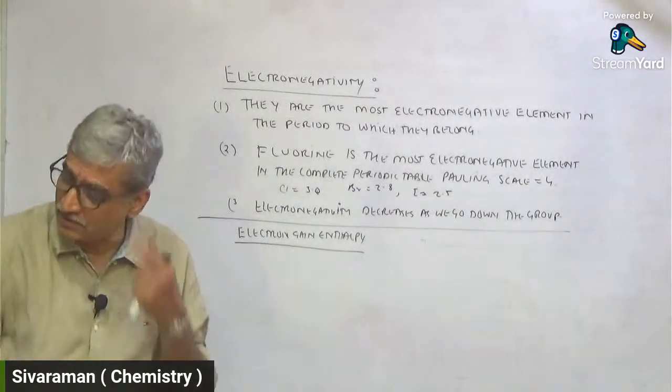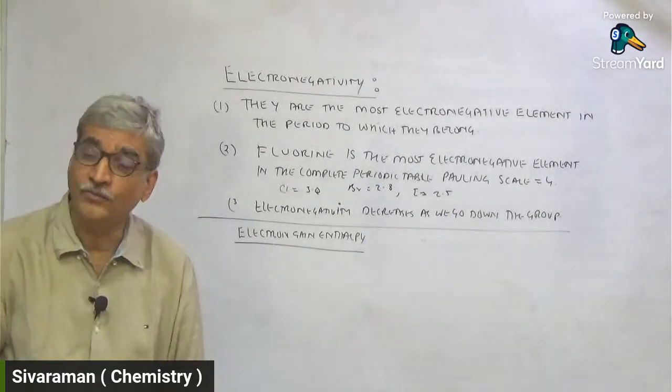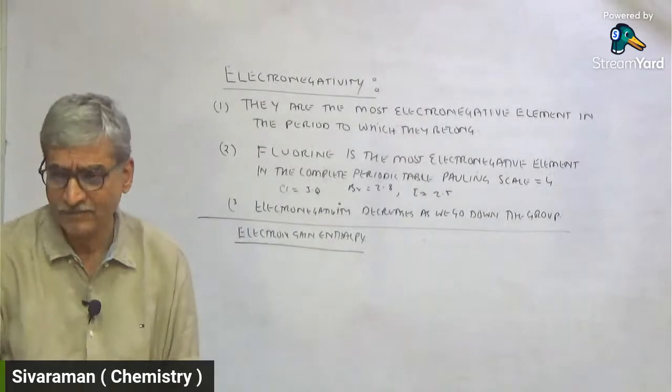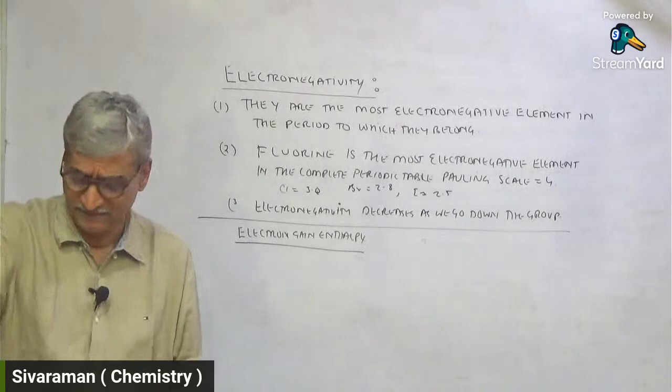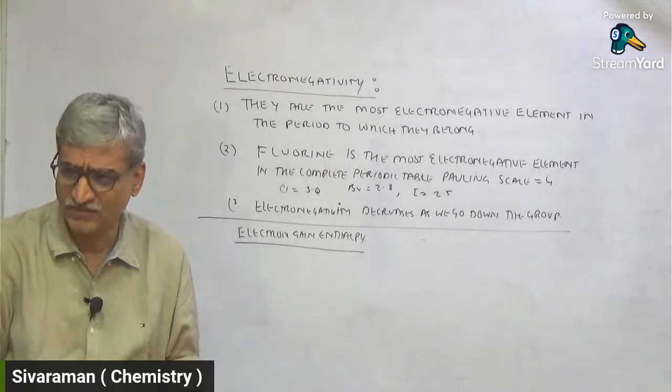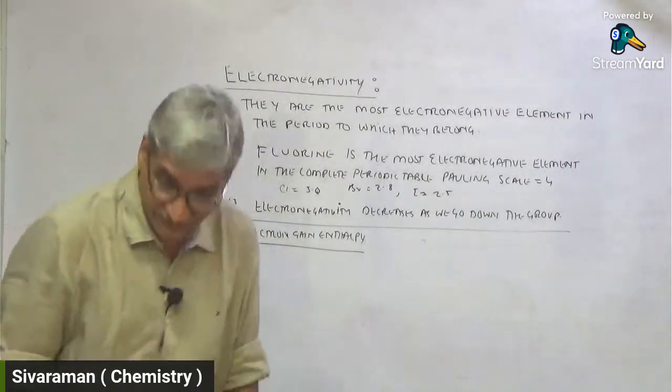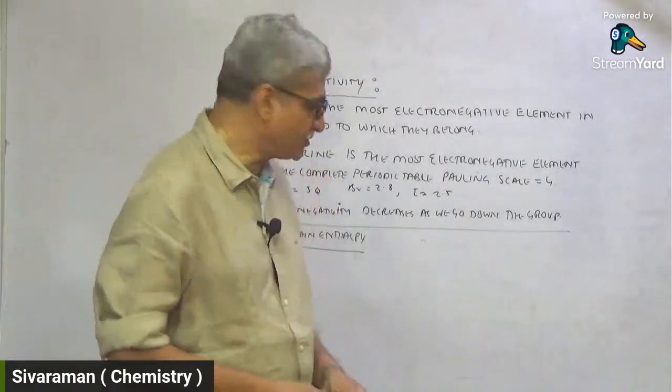And of course, for noble inert gases it could be endothermic, because already it is 8. Why would you want to put one more electron? Then you have to supply more heat to put that electron in. But here, for halogens, it is exothermic in all cases.